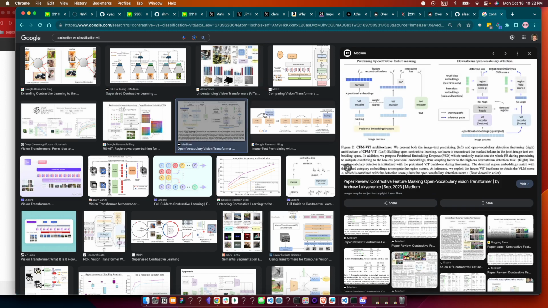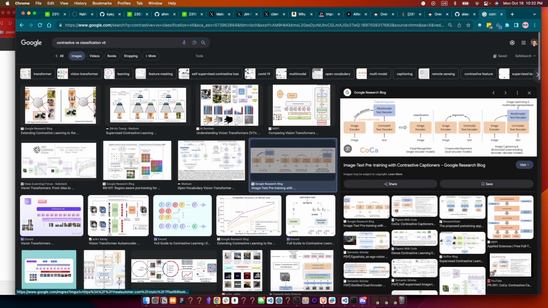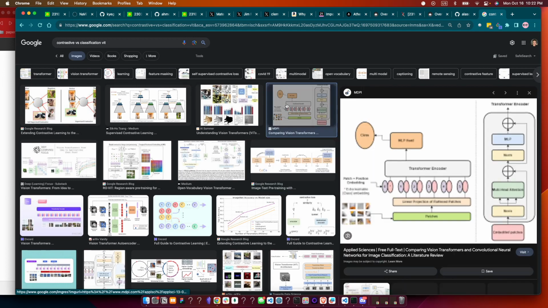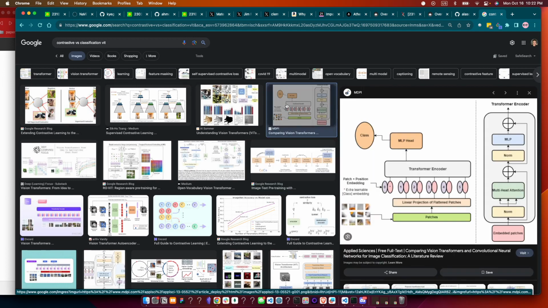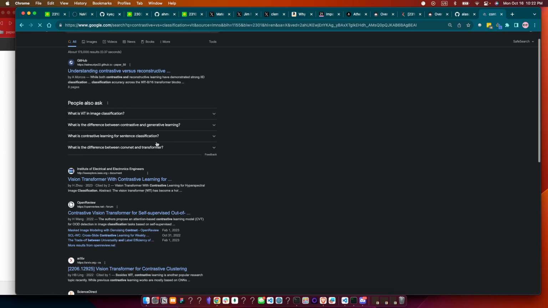How do we explain contrastive? I'm looking for a diagram. All right, let's just keep going.